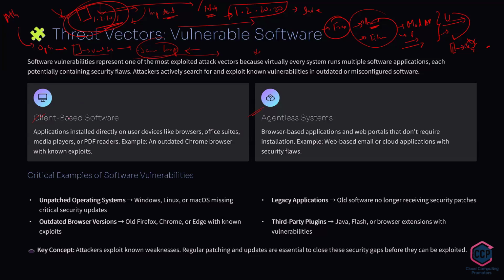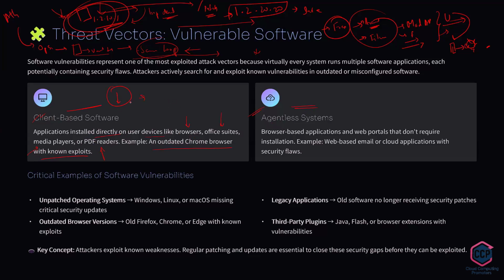So, client-based software and agentless systems. Client-based software is an application installed directly on the user device, like a browser, office suite, media player, PDF reader, and an outdated Chrome version with known exploits. And how we can check this, we'll also see that one.